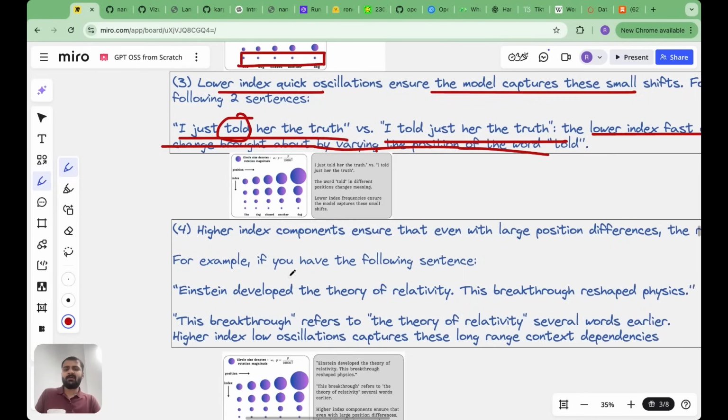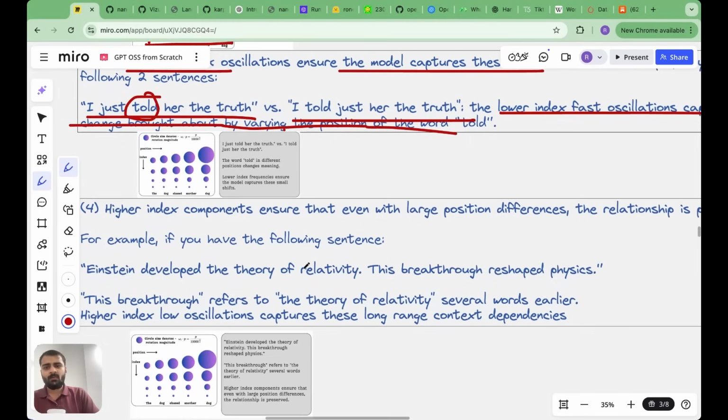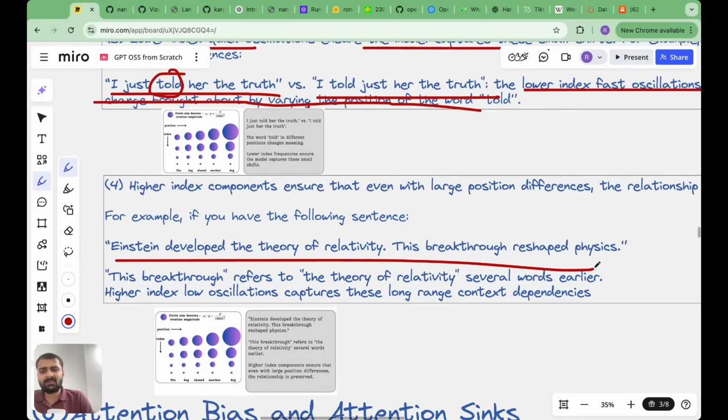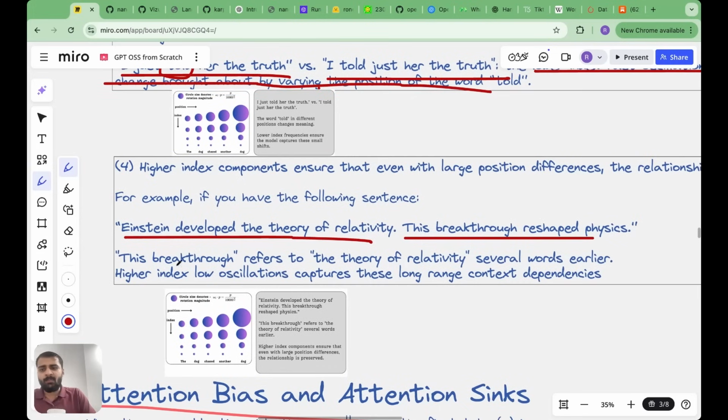Whereas if you have certain sentences where you want to preserve relationships across different positions and not unnecessarily change the positional information embedded, or unnecessarily inject too much positional information, take this example: "Einstein developed the theory of relativity. This breakthrough reshaped physics." Now, breakthrough refers to the theory of relativity, which comes many words earlier.